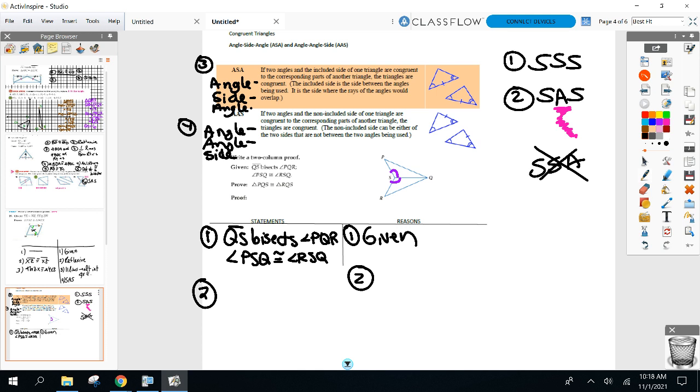I'm looking at angle side because these 2 angles are equal because it bisects.